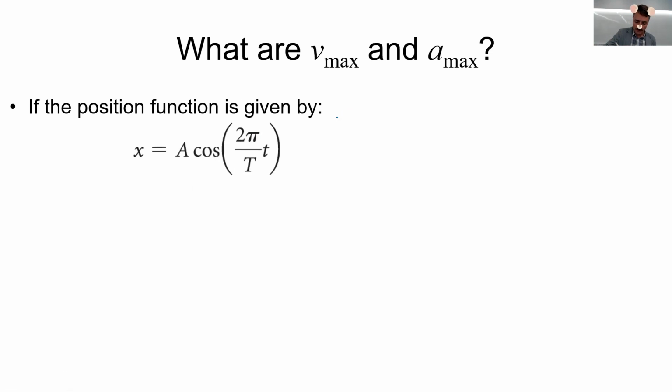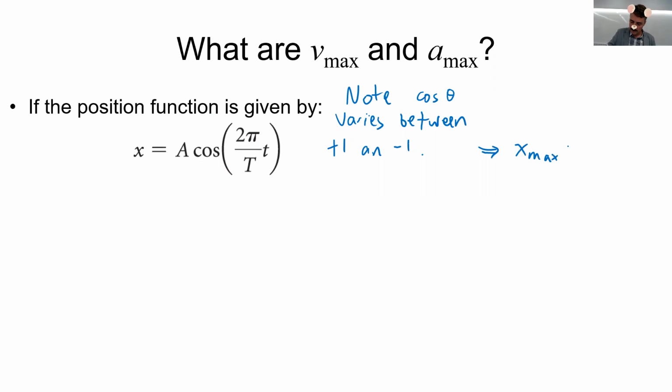And so what I would say is, note that cosine of theta varies between +1 and -1. So whatever this thing is, it's going to get up to +1 and down to -1. So the biggest x can get, x_max, is A.